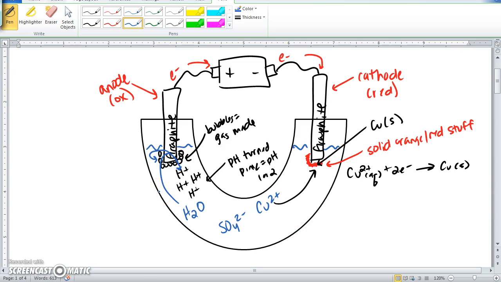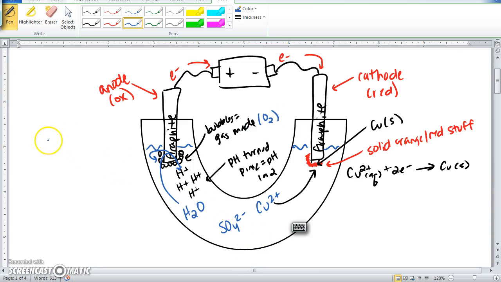So now we have to figure out, if I make H+ ions, what gas does that mean I can make? And when you look at your reduction potentials chart, what you'll notice is that when water is making H+, that leaves behind oxygen to form a gas. So that gas is actually going to be O2.